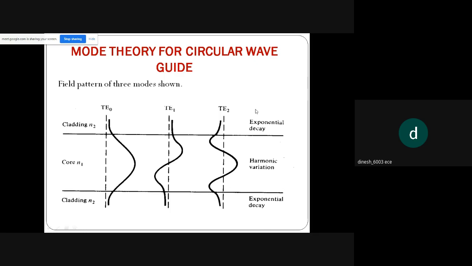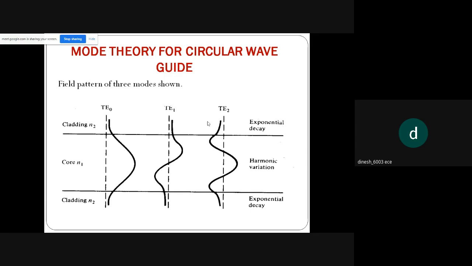So here two crossings occur, at this point and this point. So we call this field pattern as TE2, and it goes on TE5, TE7, TE11, TE12, TE13, TE15, TE17. So that indicates that the number which is present in the subscript of TE is indicating the crossings of the reference axis.